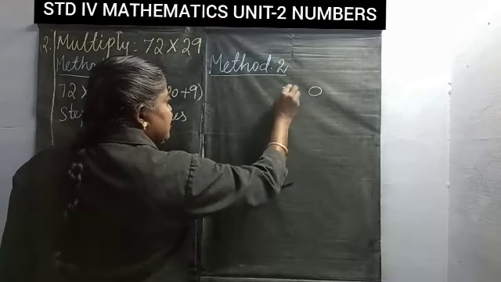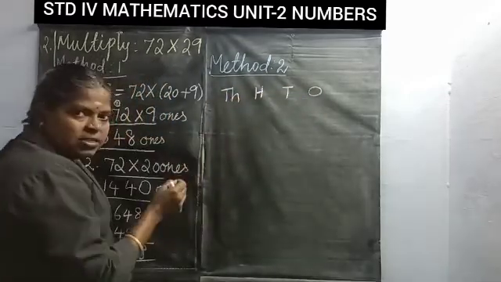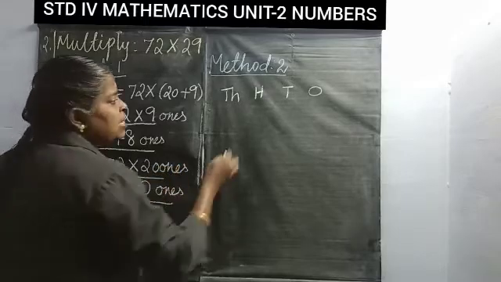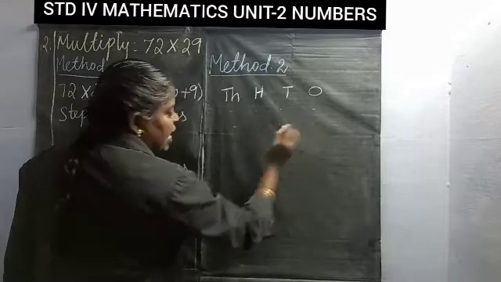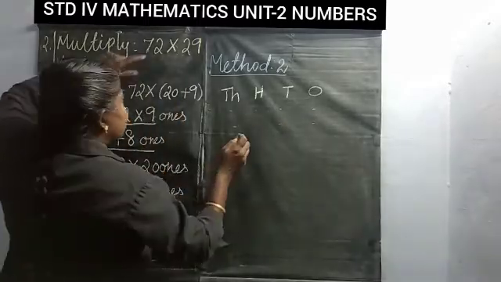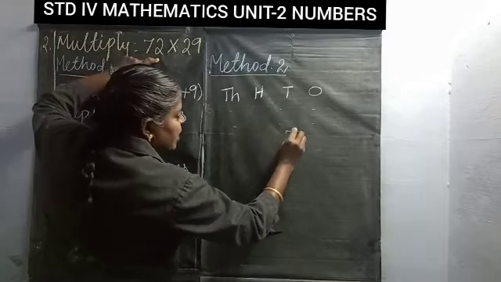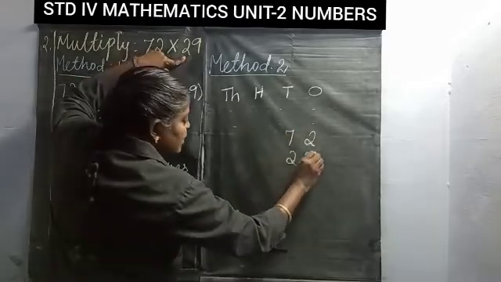Next method: first we can write ones, tens, hundreds, thousands. Then leave 2 fingers gap to write the carryover. Then write the multiplicand 72 and the multiplier 29.